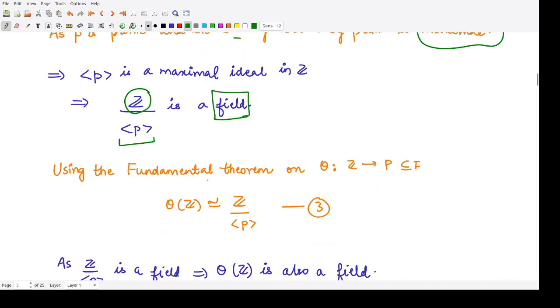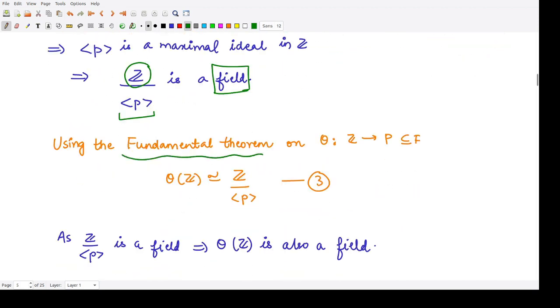So now we can apply the fundamental theorem on the mapping theta, because it is a homomorphism which is defined from Z to P. The image of theta would be isomorphic to the domain set, that is Z, divided by the ideal generated by P. So this is the result of the fundamental theorem of homomorphism on this mapping theta.